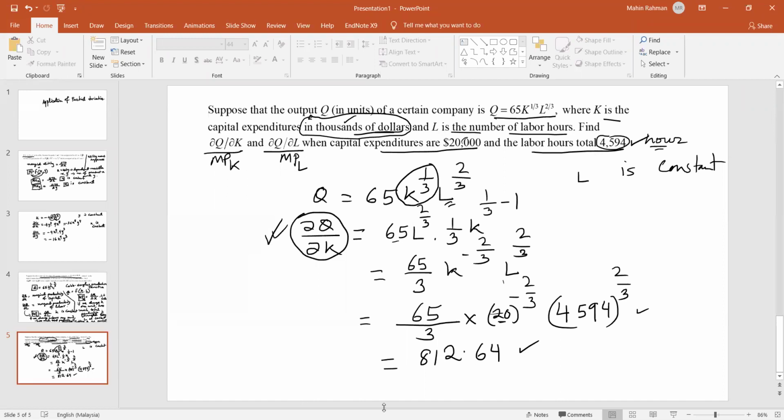But don't worry, in the exam I will not give you something like this, because I just mentioned that K indicates the capital and L is the labor.